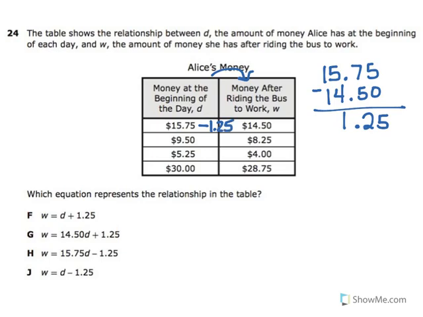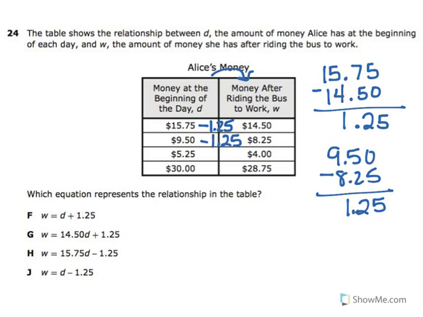What about from $9.50 to $8.25? I know that 50 cents minus 25 cents is 25 cents, and $9 minus $8 is 1. So again, I'm doing minus $1.25. So what am I doing to the D?